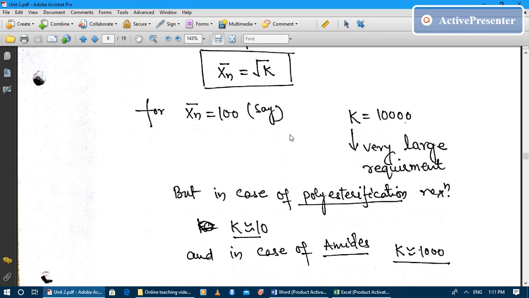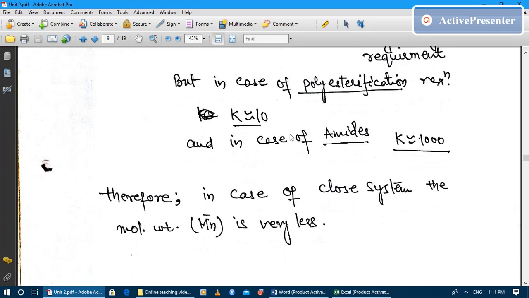That's it. So in a nutshell, in the case of a closed system, molecular weight is very less. We will not obtain a polymer. We will be just getting oligomer.